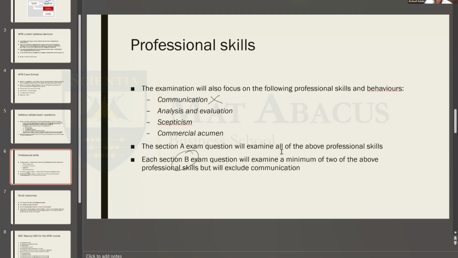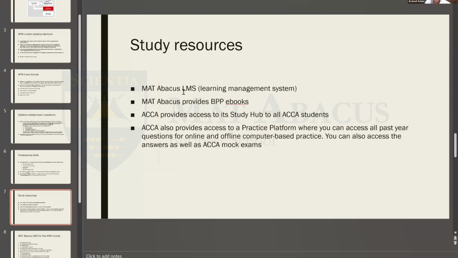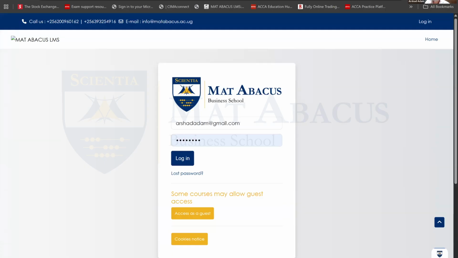So at MAT Abacus Business School, we have a learning management system, which is an online system. Let me show you. This is our MAT Abacus Business School. Those who have been attending courses with us know this. When you register, we give you access to this LMS.